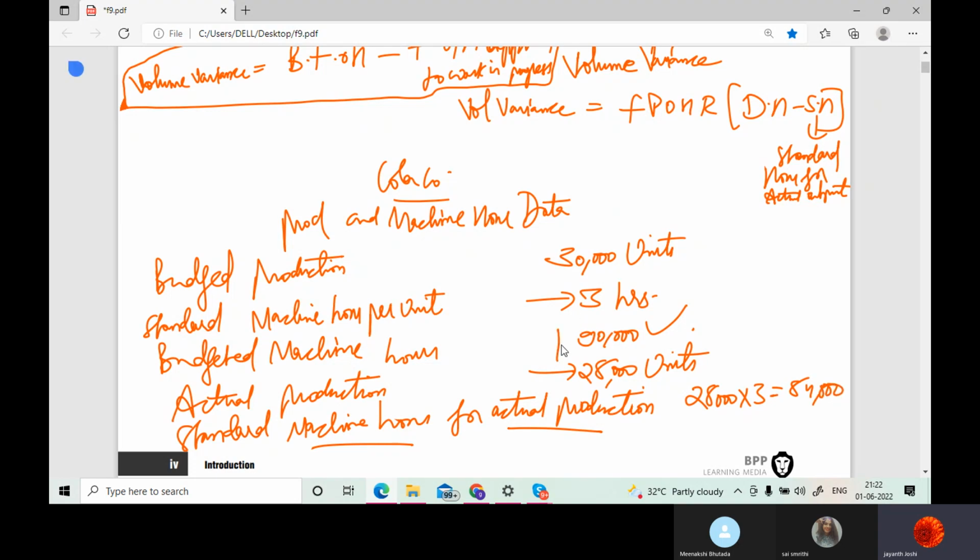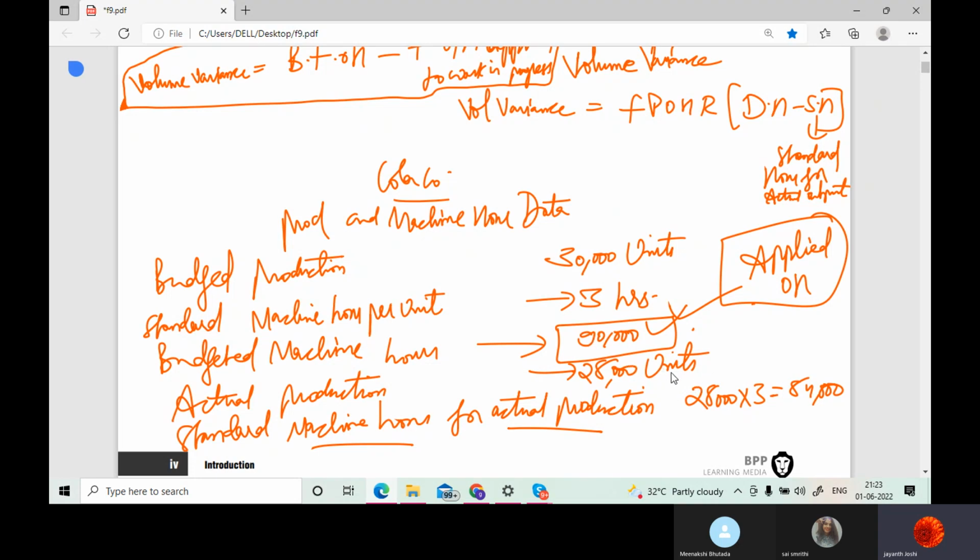This is your budgeted figure, which we will take as a base to find out our predetermined overhead rate. This will be applied overheads. We will be taking this as our base, and standard machine hours for actual production.